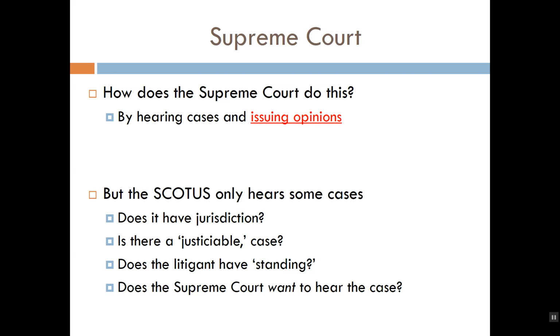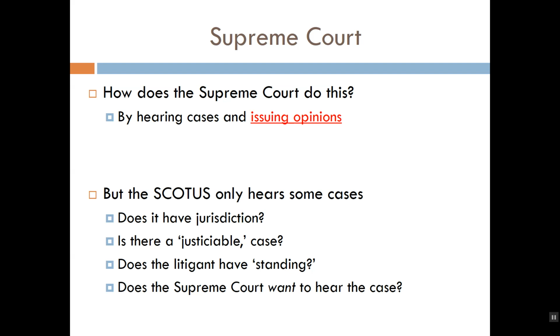But specifically, how does it go about doing so? Well, the short answer is that the Supreme Court provides these instructions and fulfills these functions by, first, hearing a case, and second, issuing opinions on those cases.